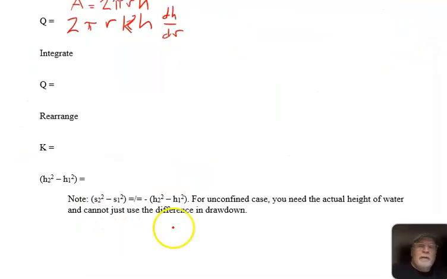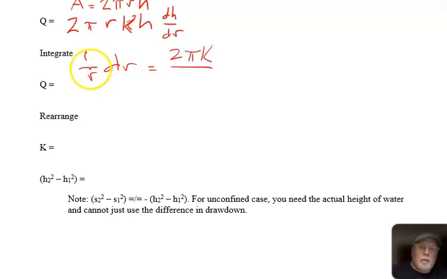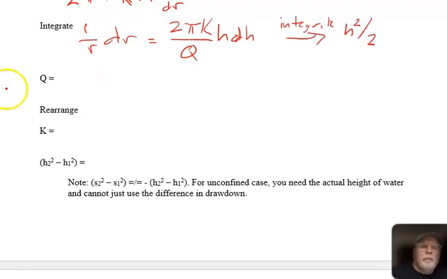If I integrate that, I'll put my r's on the left side, so I have 1 over r dr equals 2 pi K over Q times h dh. And if I integrate h dh, I get an h squared over 2.